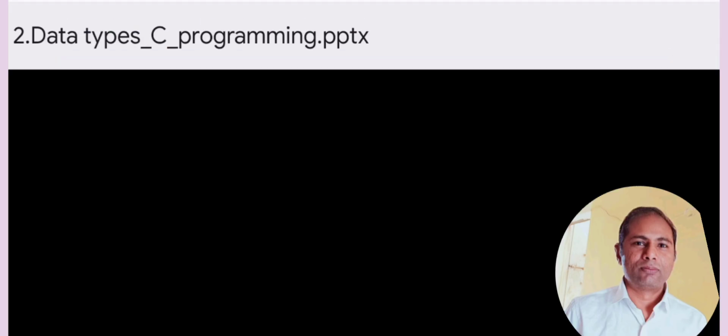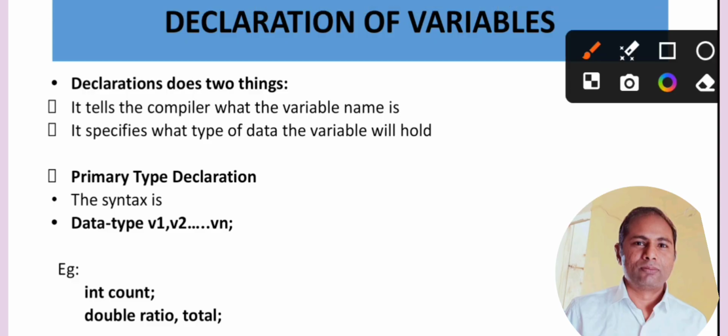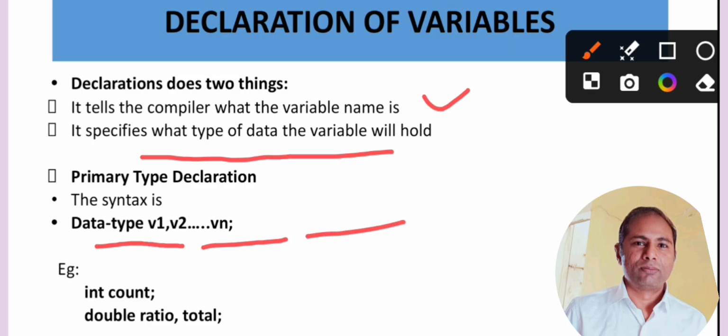Then declaration of variables. How can we declare variables in C? What is the meaning of declaration? It tells the compiler the variable name, and it also specifies the type of data it will have. What is the syntax of declaration? First we write the data type, then we write the names of the variables.